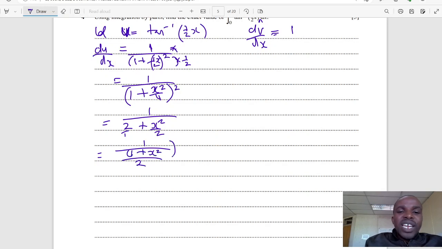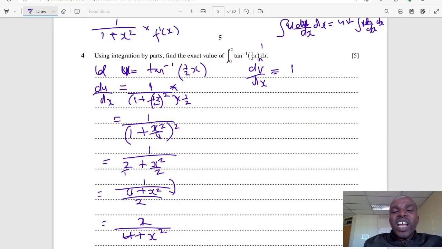Then you can divide, actually it will be 2 over 4 plus x squared. So this will be the derivative of arctan half x. Now on this side, to find our v, first separate variables, 1 dx, then integrate both sides, you get v is equal to x.